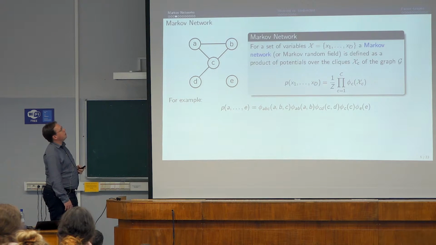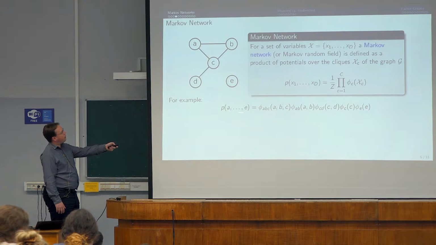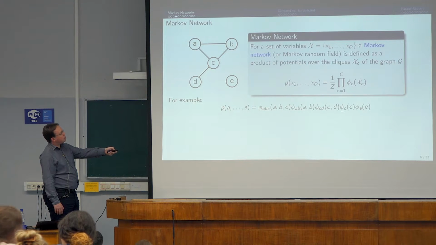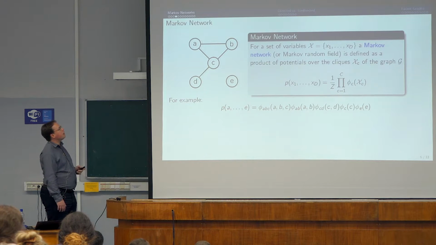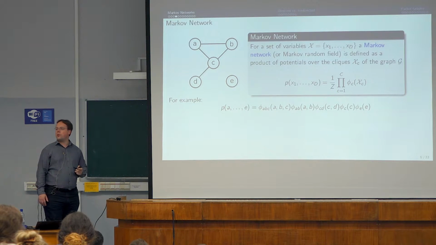Here, for example, is one way we can write a distribution over 5 things. We could write it as a product of 3 things, a product of 2 things, another product of 2 things, and 2 products of 1 thing. And this we can also express in graphical form, like we did for the directed case.